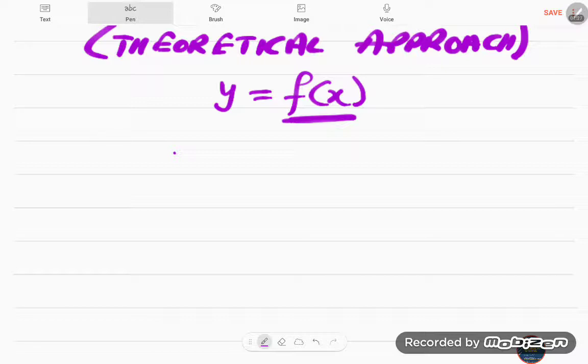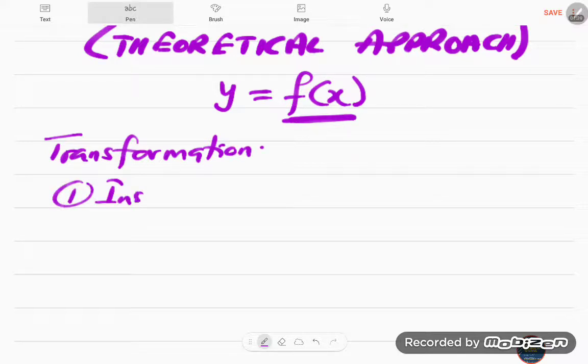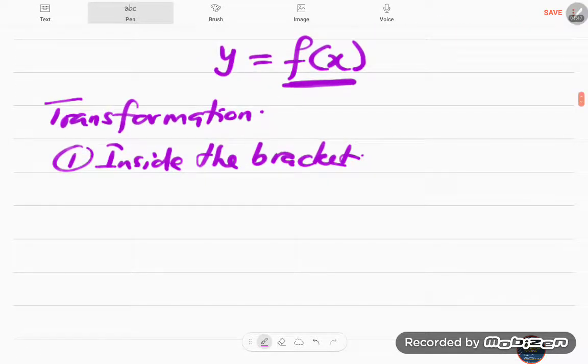The first one being that there is transformations, okay, that occur, 1, inside the bracket, okay, and then 2, there's transformations that occur outside the bracket.